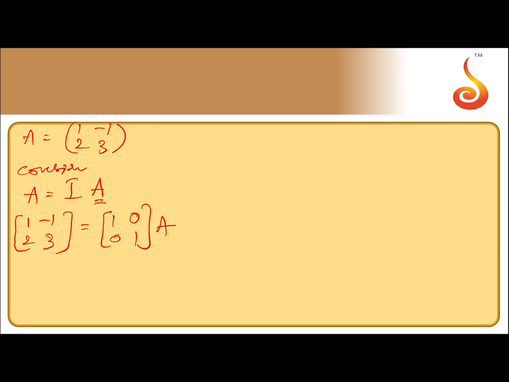Now, I would apply a series of elementary row transformations such that this becomes a unit matrix, and the same transformations, if you keep applying on the unit matrix, result in the inverse of this. To make this a unit matrix, this element is supposed to be 0.